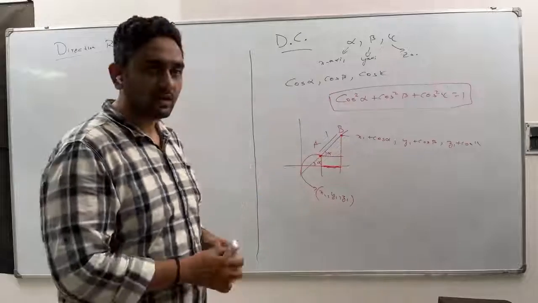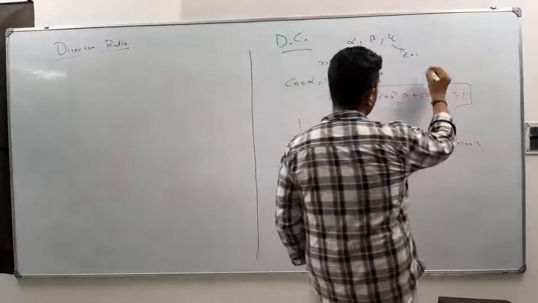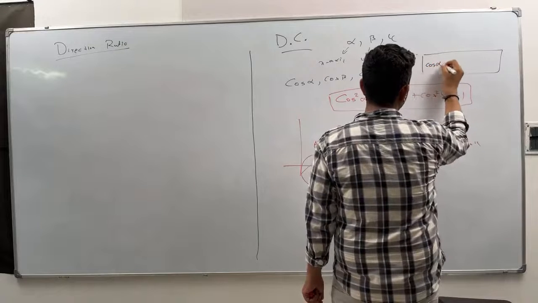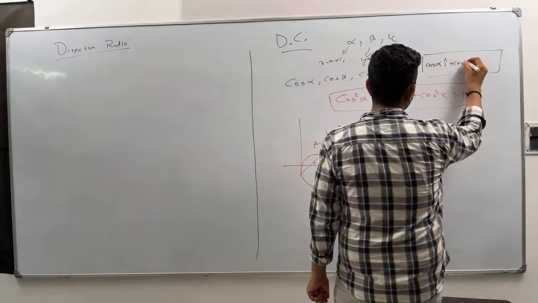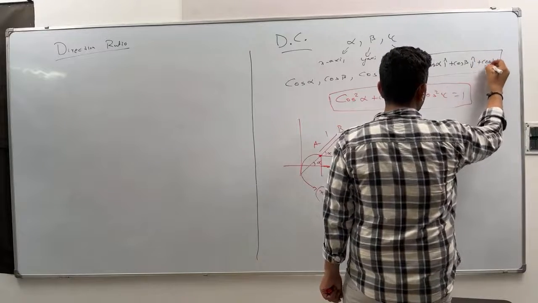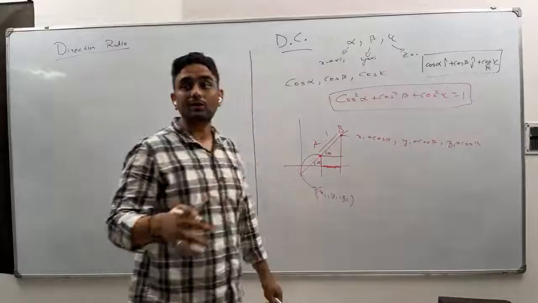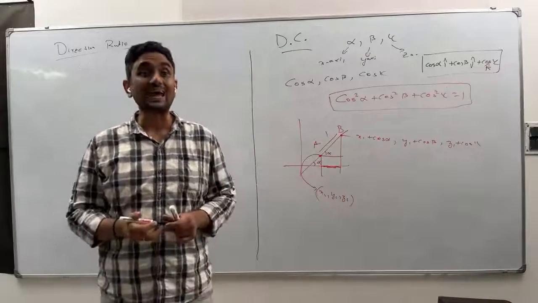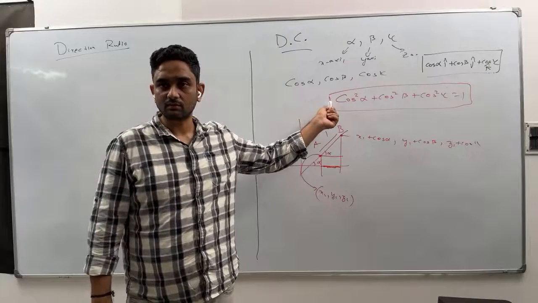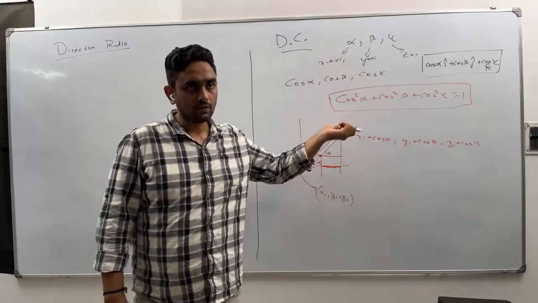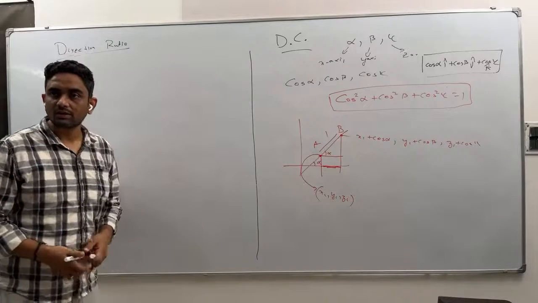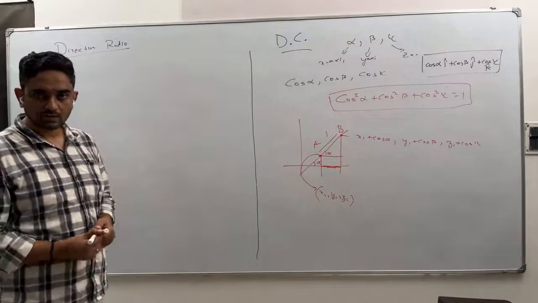If I write the direction as cos alpha i cap plus cos beta j cap plus cos gamma k cap, this is a unit direction vector. But if I take any multiple of it, that will become direction ratios.